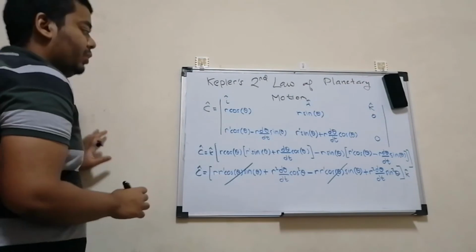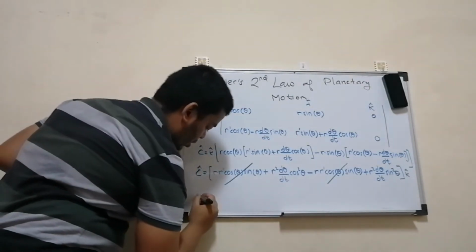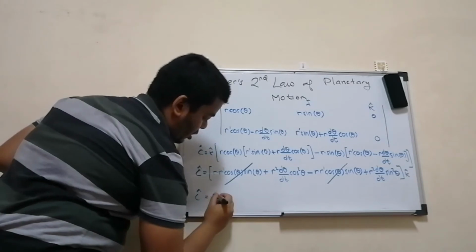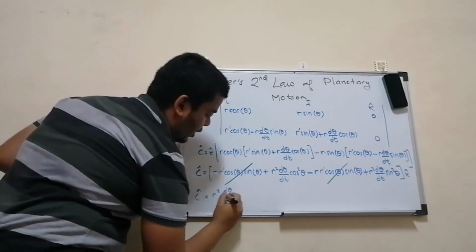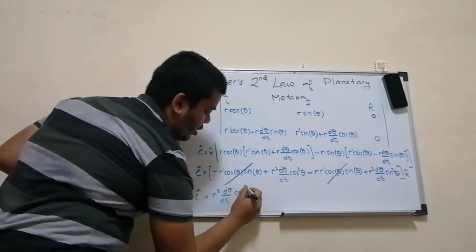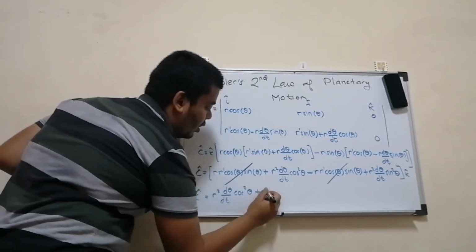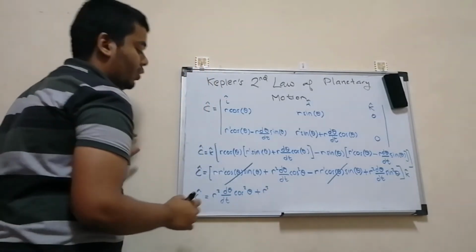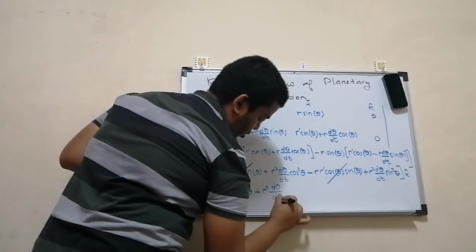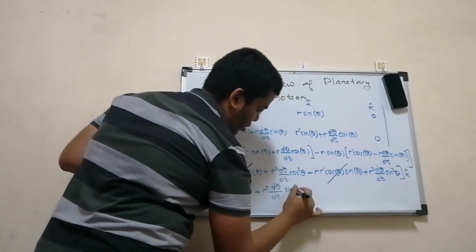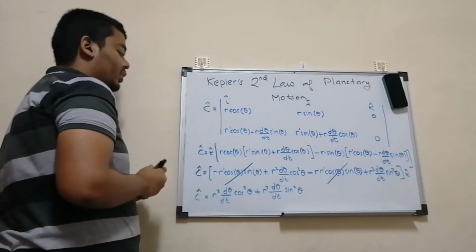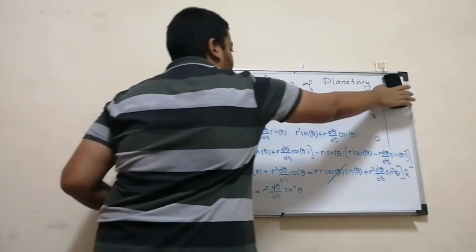So let's write them down. c is equal to r squared d theta over dt cos squared theta plus r squared d theta over dt sine squared theta.